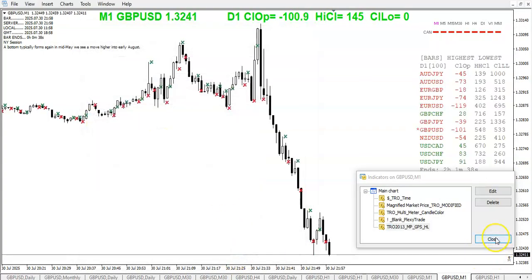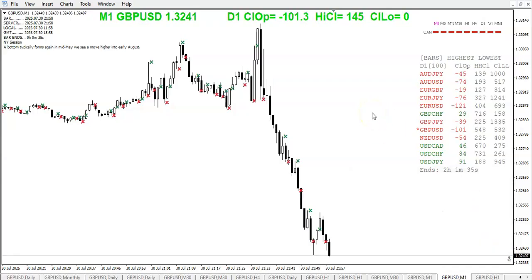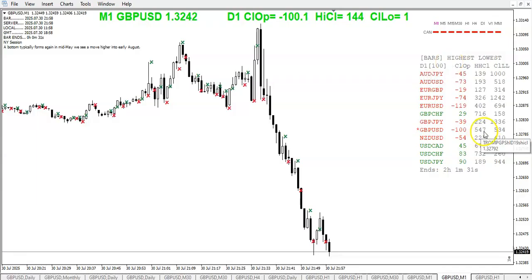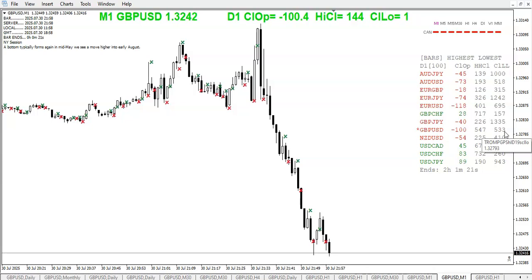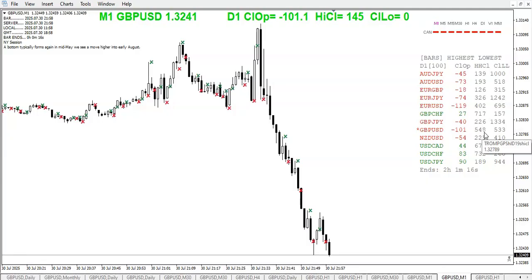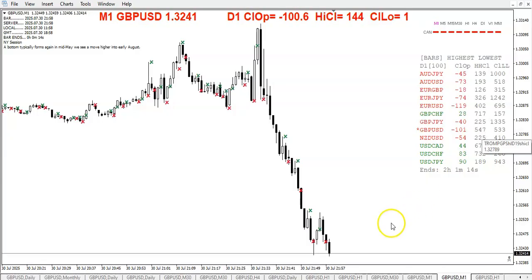So if we go daily, okay, so from the highest high of the last 100 bars, highest high to the lowest low, that's where we're at. Let's see if these numbers change or not. Yep, you can see that one just changed. So you can see we're moving down off of the highest high.